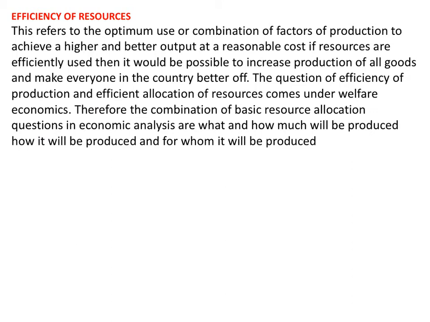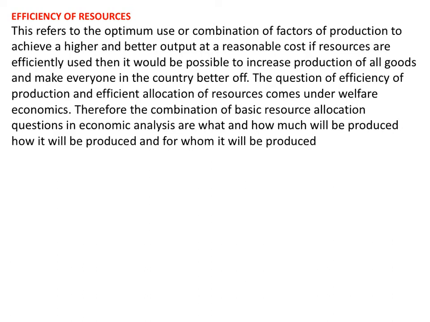The last but definitely not the least economic problem in society is the efficiency of resources used in production. The efficiency of resources refers to the optimum use or combination of factors of production to achieve a higher and better output at a reasonable cost. If resources are efficiently used, then it will be possible to increase production of all goods and make everybody in the society better off.